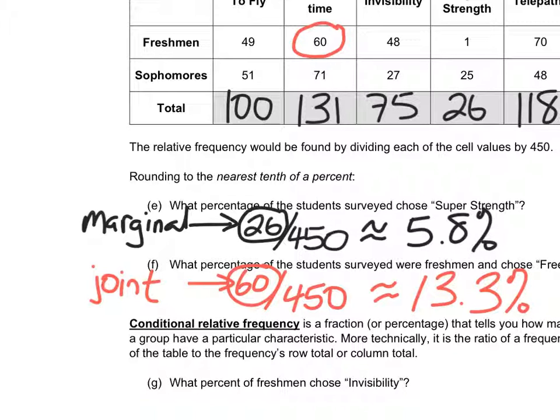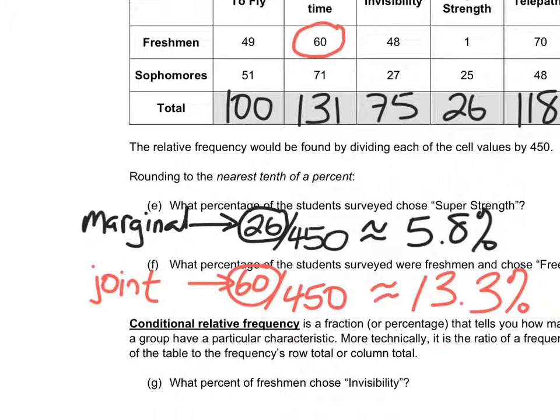This is a marginal relative frequency. This is a joint relative frequency. So if a question down the line says, find the joint relative frequency, you're like, oh geez, what on earth does that mean? If you know the definition, you're fine, but sometimes you could just pick it up right from the context of the problem.